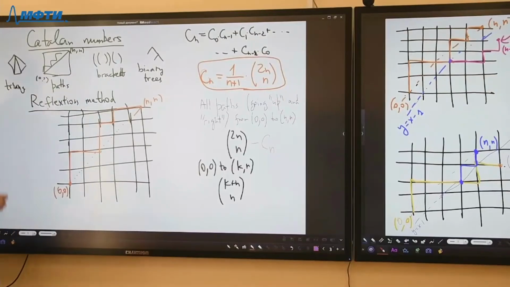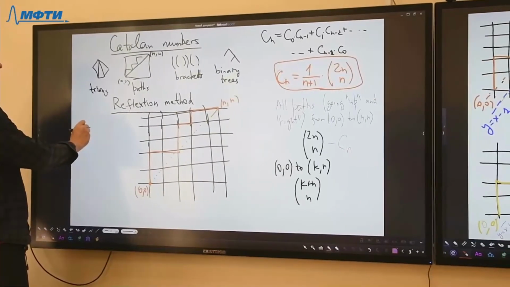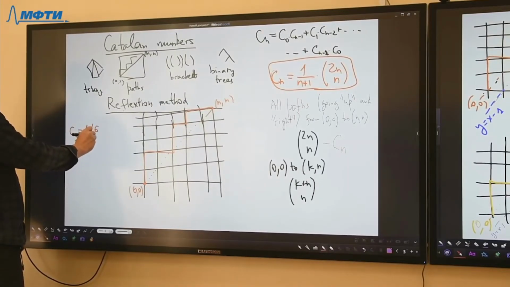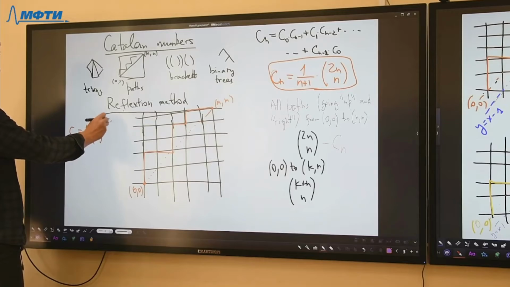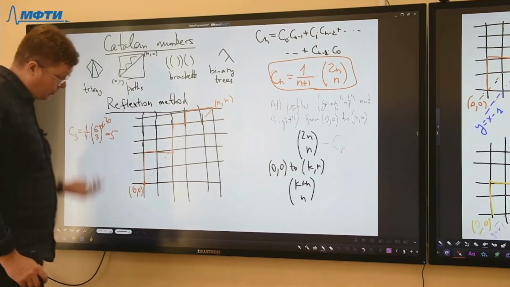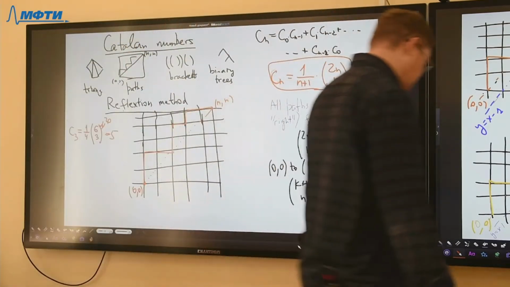So for example, if we look at these three, it will be 1 over 4 of 6 choose 3, and this is 20, so it's 5. Yeah, this is correct. For n equal to 3, this coincides with the formula.